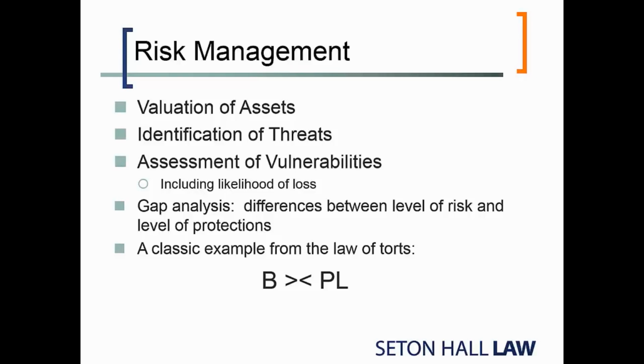And if you decide that P times L is greater than the burden of taking precautions, then that suggests that there's a duty to take some precautions, right? If the burden is greater, that suggests that there's not a duty to take precautions.